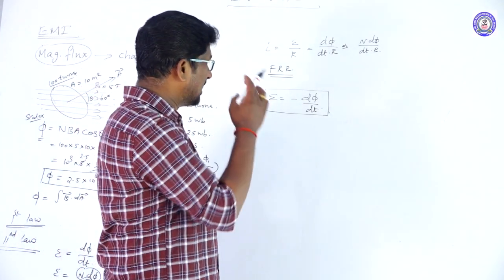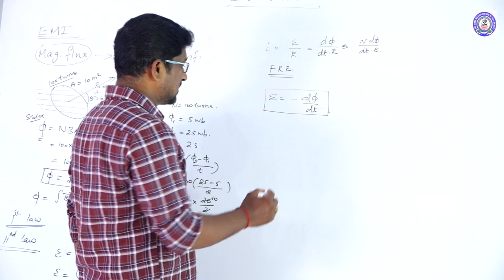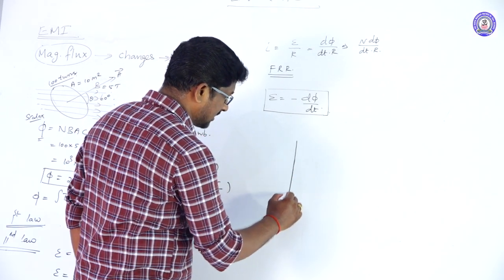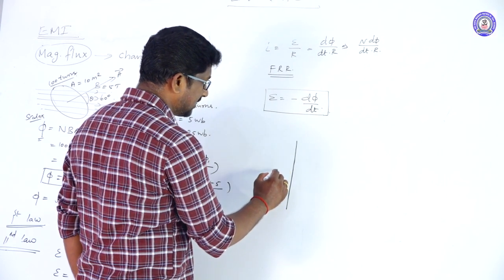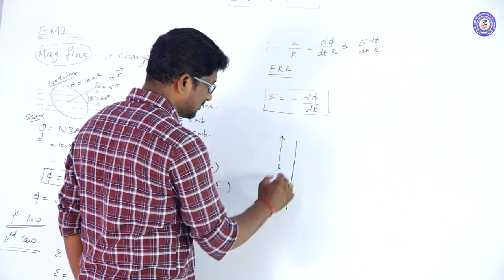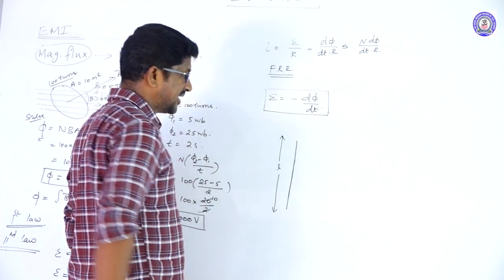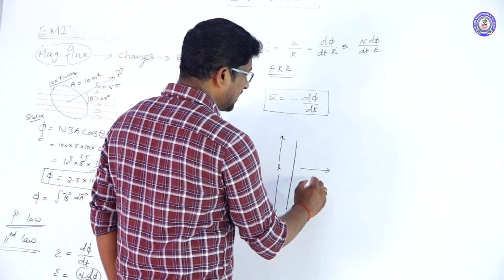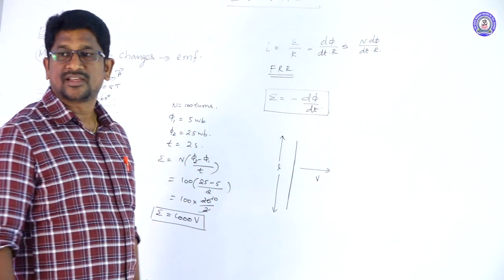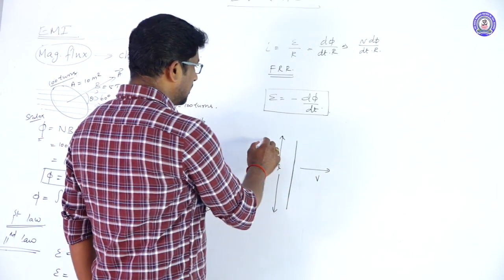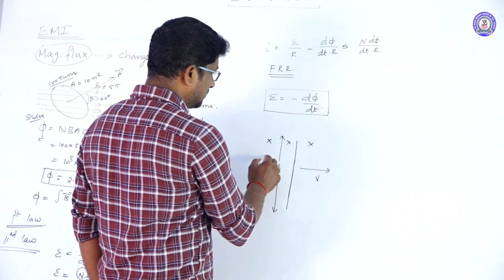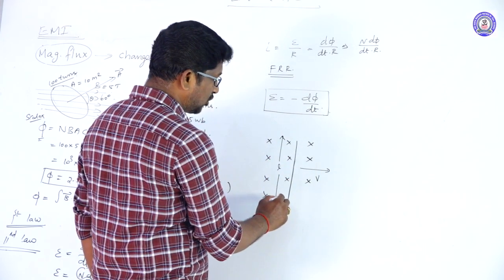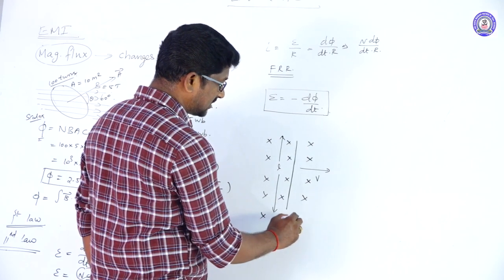Right. And next, let us consider a straight conductor of length L. Suppose it is moving with a velocity of v in the uniform magnetic field, which is acting perpendicular to the plane of the board and inwards.